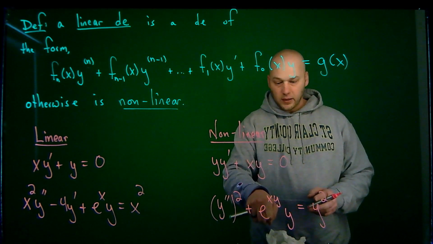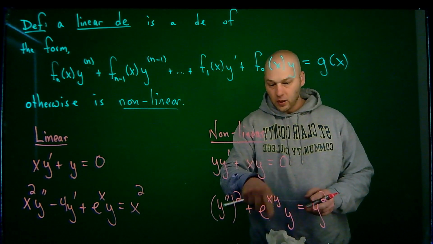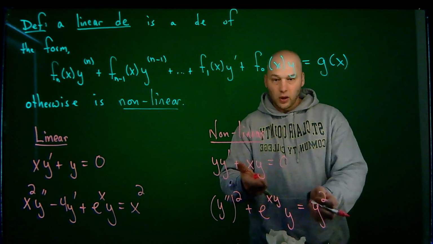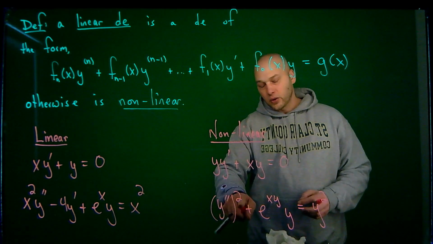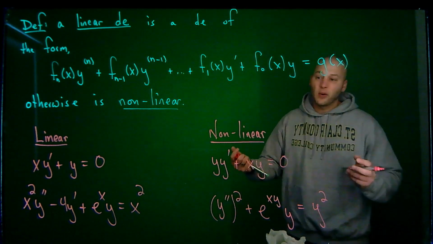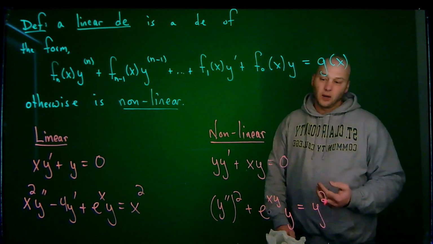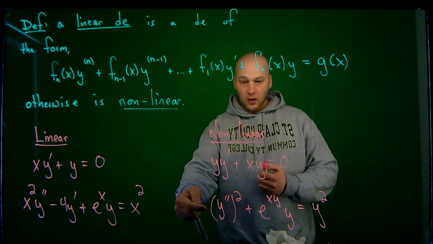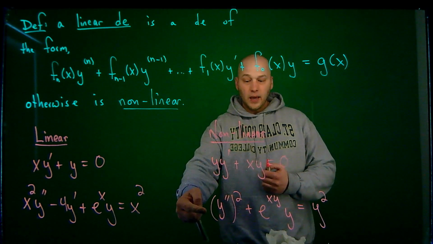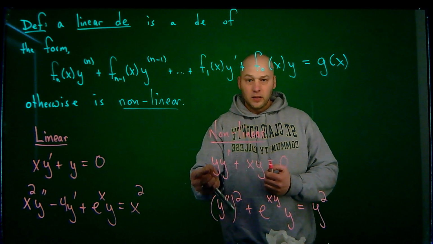I've also got the coefficient of y has stuff with y in it. So again, those are all nonlinear terms. Also, this second order derivative is squared, so it's not to the first power, so that would also make that nonlinear.